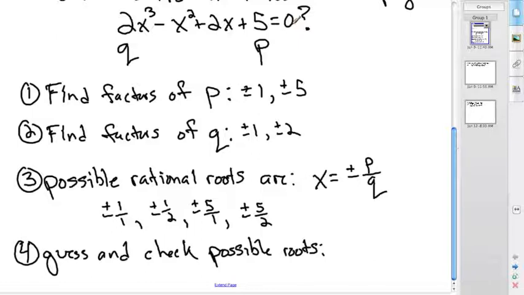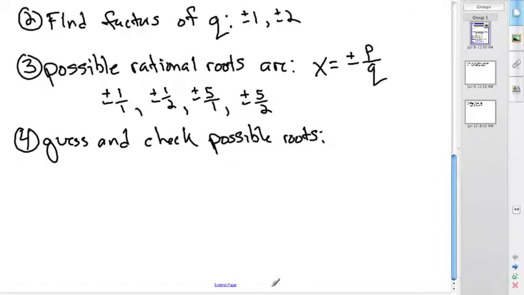Now, to actually find the possible rational roots, remember rational means it's either a fraction or a decimal. It's also a whole number. In other words, it has to be a number that can be put into a fraction. Square root 2 is not rational, that's irrational. So, step 4 is we want to guess and check the possible roots.